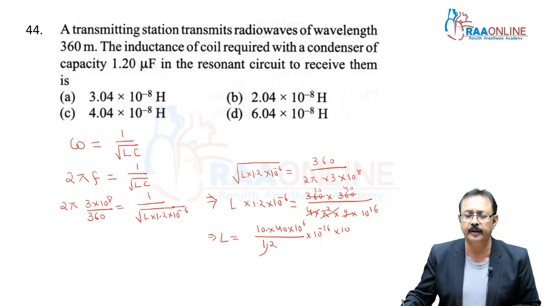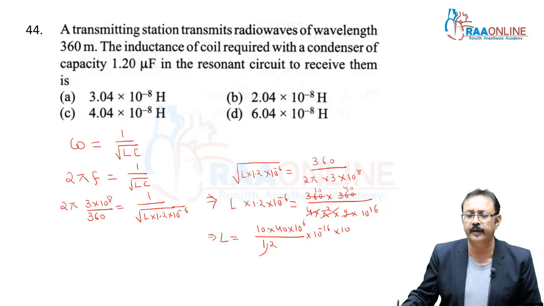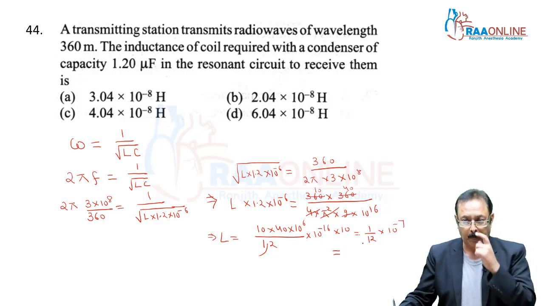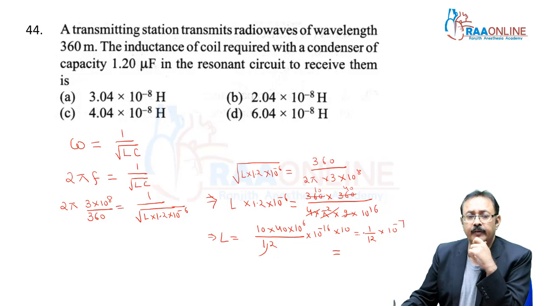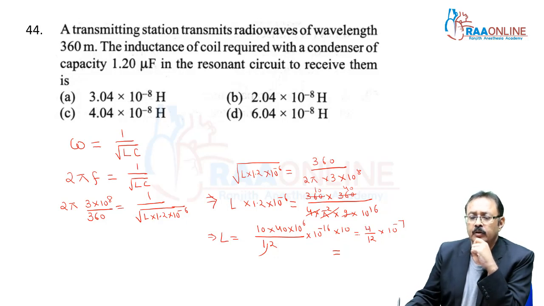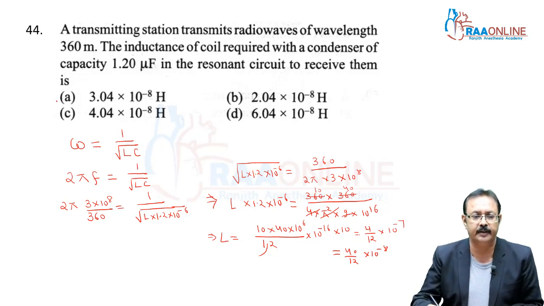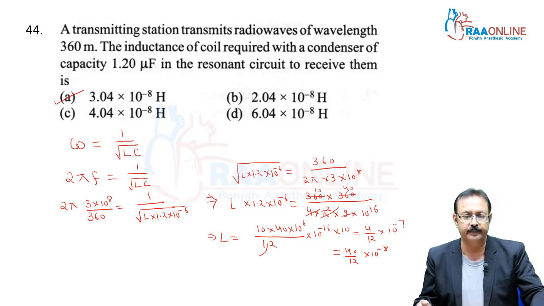So what we are getting: 1 by 12 into 10 to the power minus 7. Take 110 from this, and 4 is also there. 4 by 12. So we write 40 upon 12 into 10 to the power minus 8. So we will get 3 point something into 10 to the power minus 8. So we are going with option A.